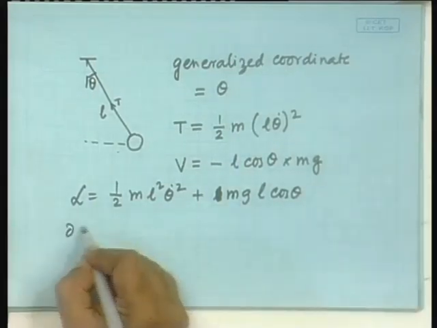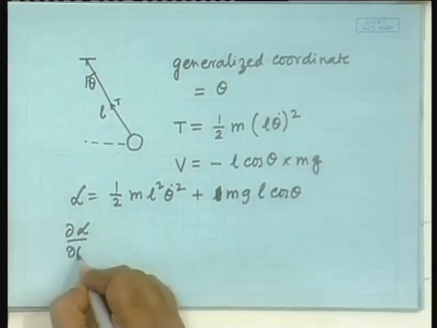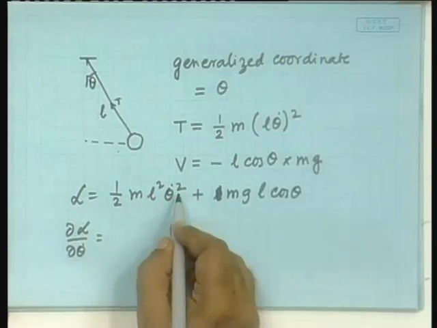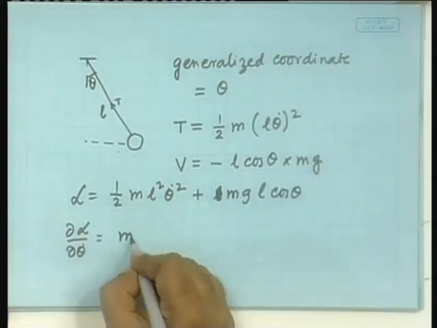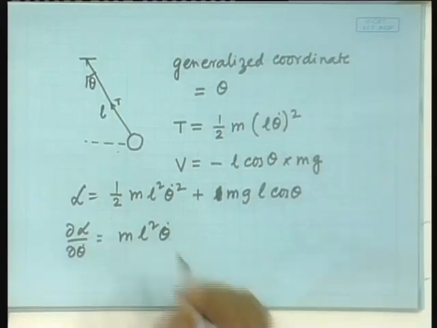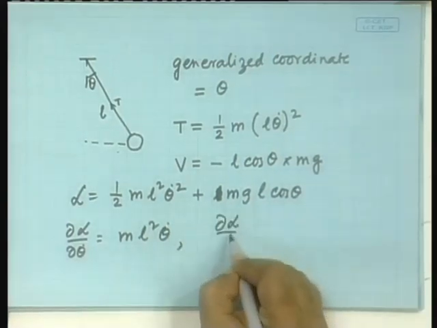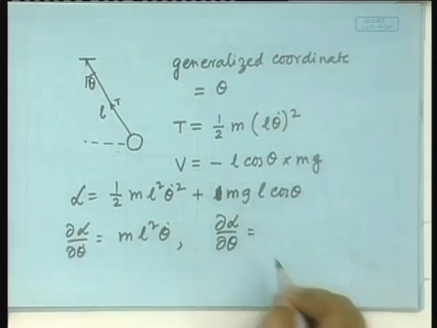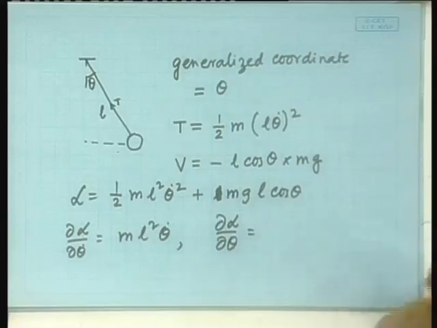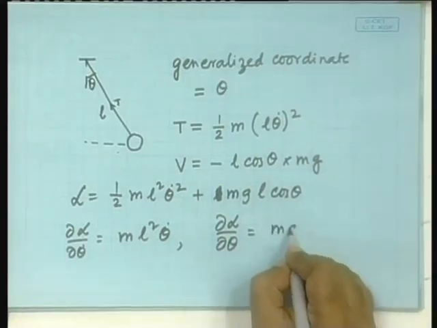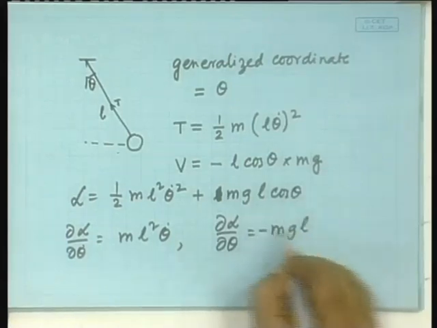So, your derivative of the Lagrangian with respect to theta dot is m L square theta dot. The derivative of the Lagrangian with respect to theta is, do it, it will be m g L times minus sin theta.